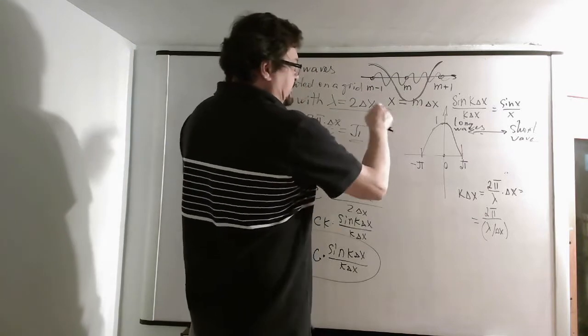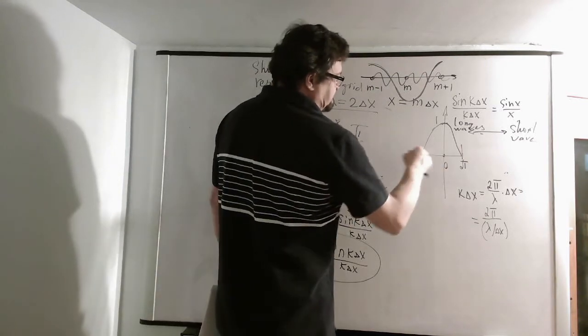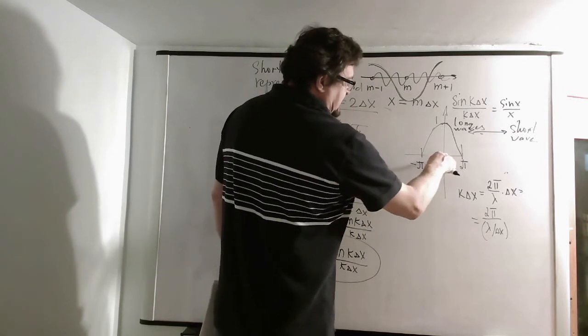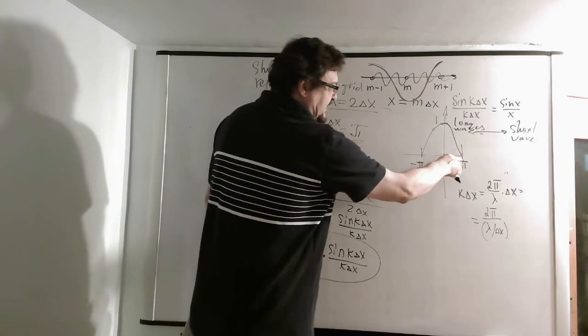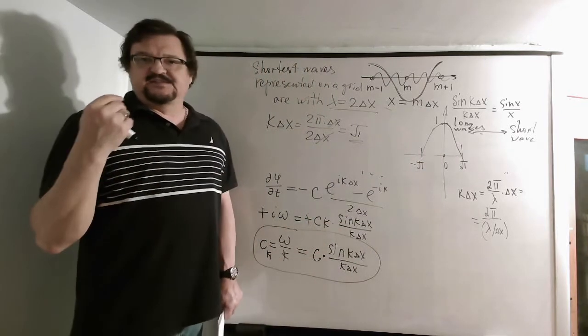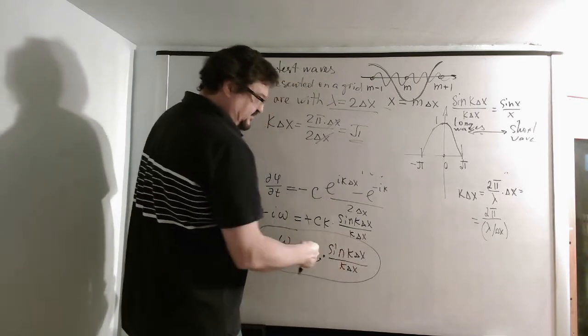in this case, when we use the center differences, we have dispersion such that most dispersive waves, or the 2 delta x waves, will have 0 velocity, because this is going to be 0.